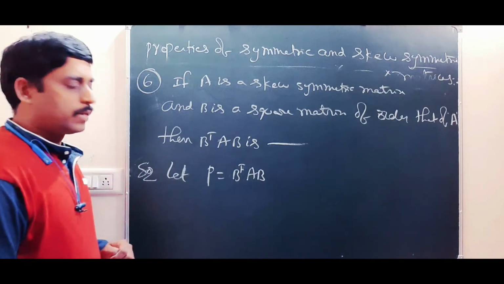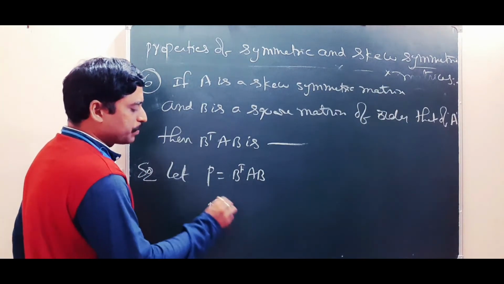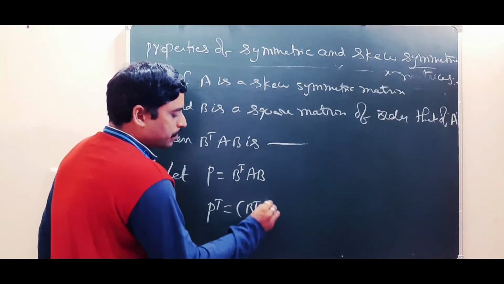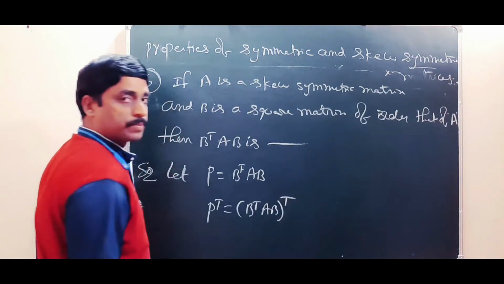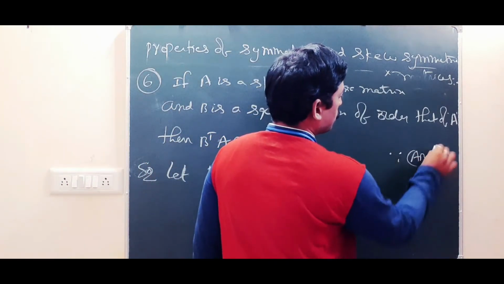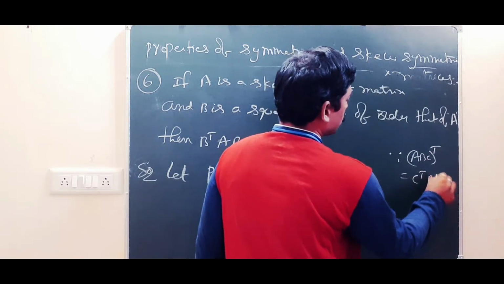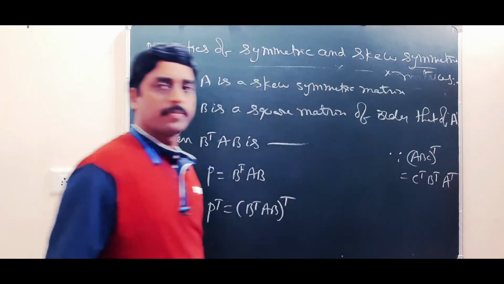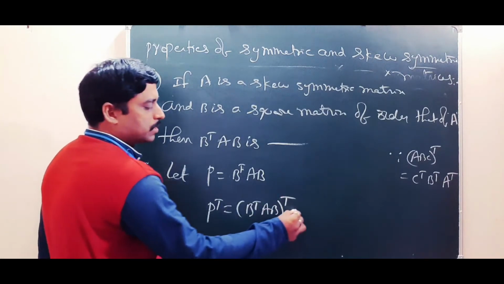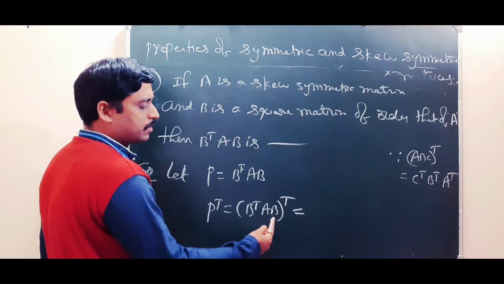Now taking transpose on both sides, transpose of P is equal to B transpose AB whole transpose. We have ABC whole transpose equal to C transpose into B transpose into A transpose. So B transpose AB whole transpose is nothing but ABC.